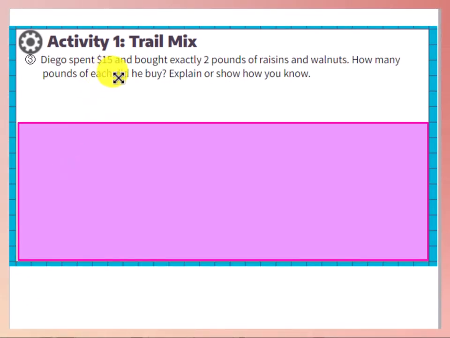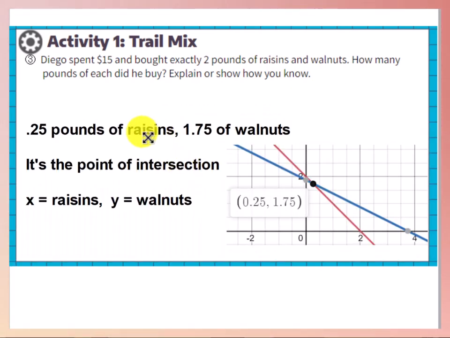Diego spent $15 and bought exactly 2 pounds of raisins and walnuts. How many pounds of each did he buy? Explain or show how you know. 0.25 pounds of raisins and 1.75 of walnuts. It's going to be the point of intersection between those two equations.